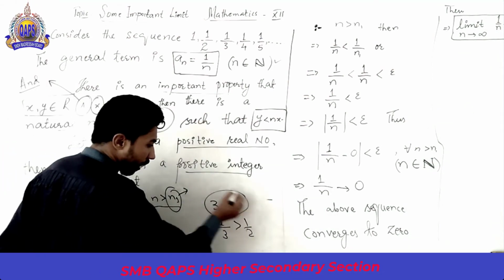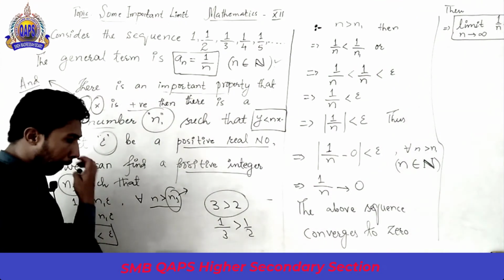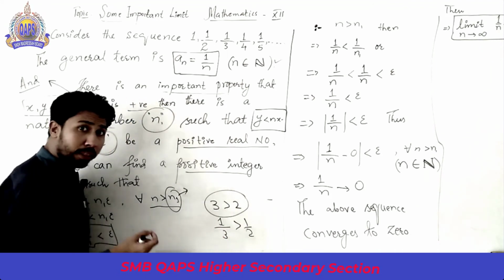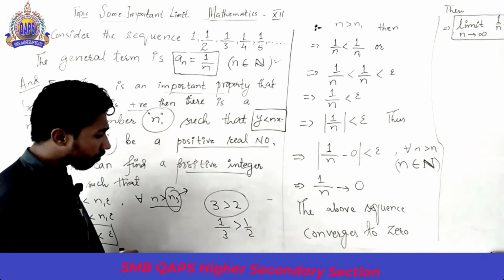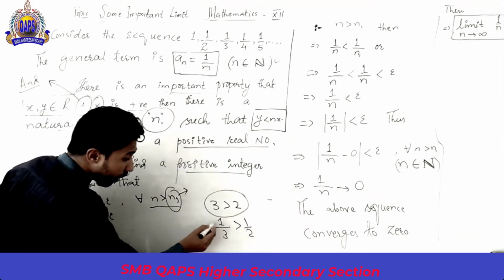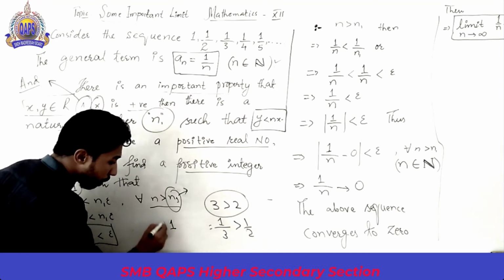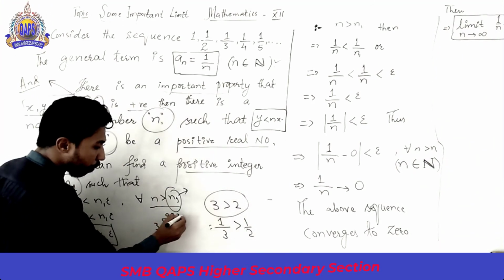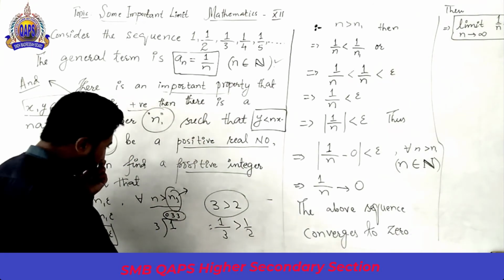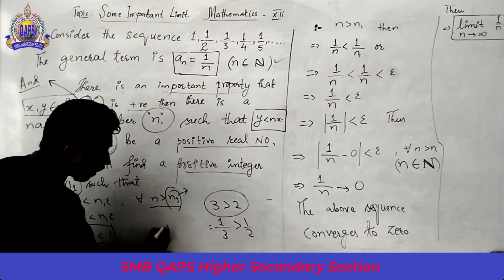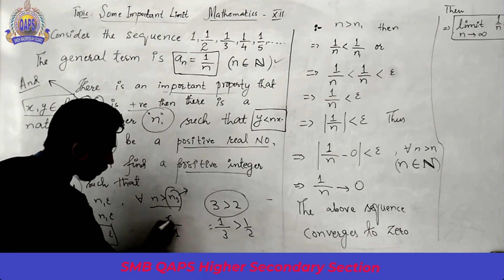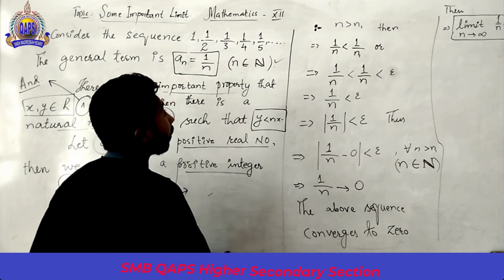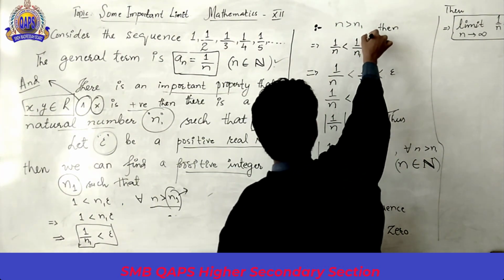When we divide 1 by 3, the result is 0.333. If we divide 1 by 2, the result is 0.5. Then we can say that 1 upon n is less than 1 upon n1.